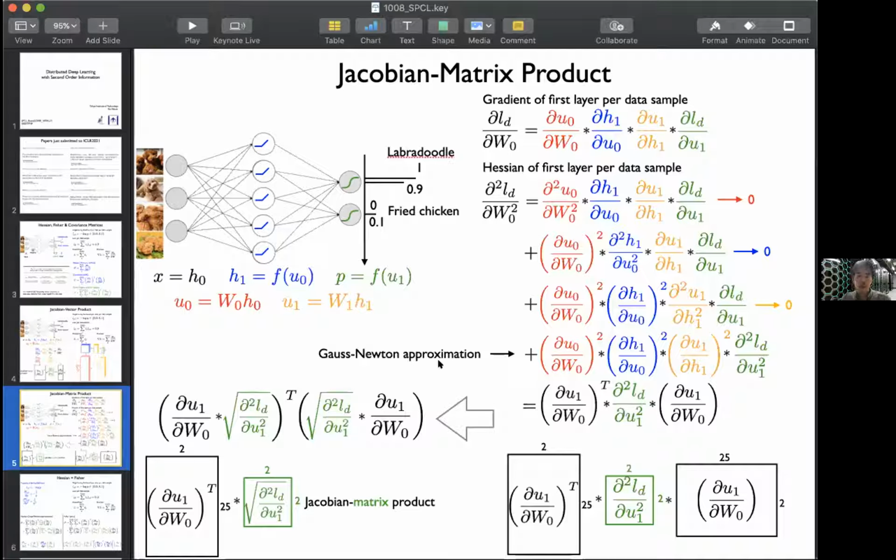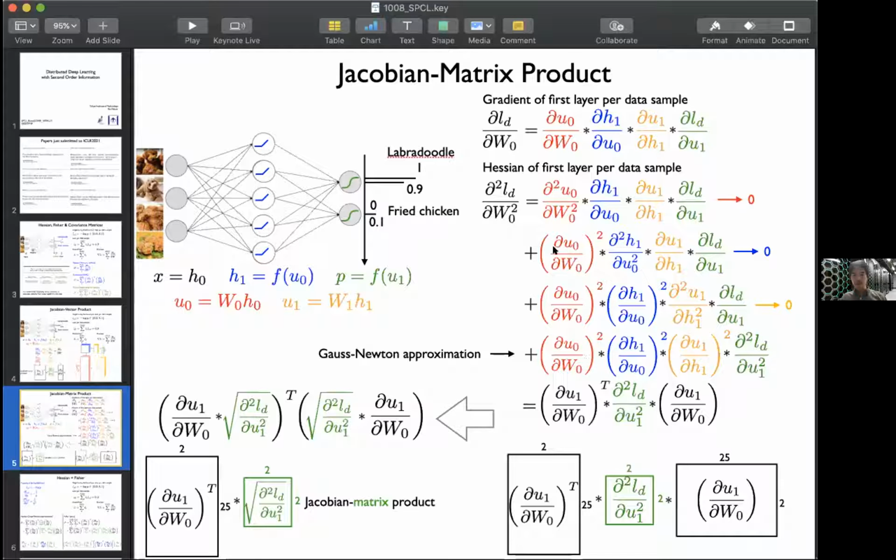And there's actually a mathematical name for approximating everything here. Let's consider a case where we don't have linear activation functions and these things didn't disappear. We can still approximate this thing. It's called the Gauss-Newton approximation, where we approximate the true Hessian with just this term. You can actually move these squared things to both sides. So here I'm sort of abusing the fact that these things all look like scalars.